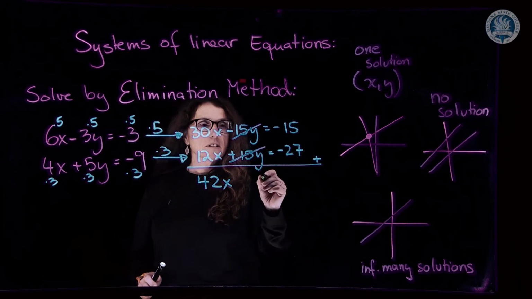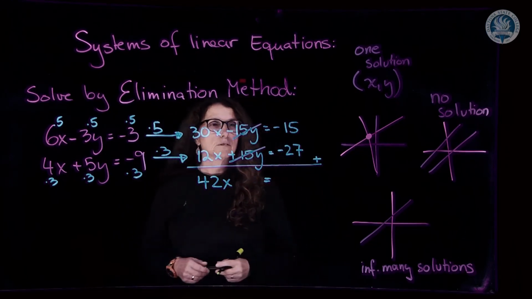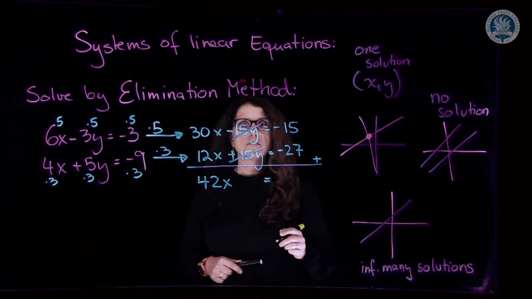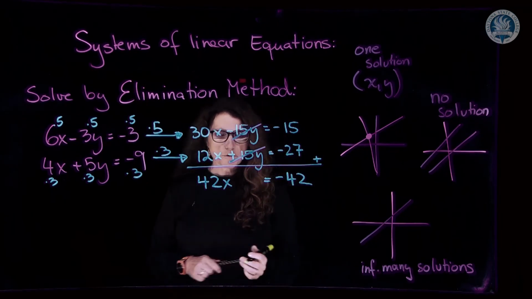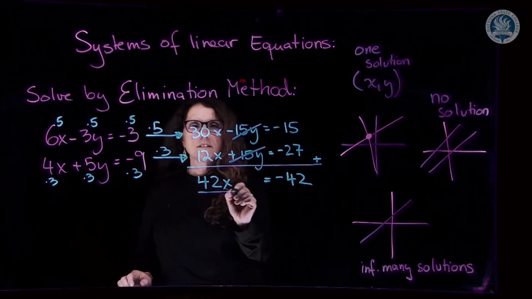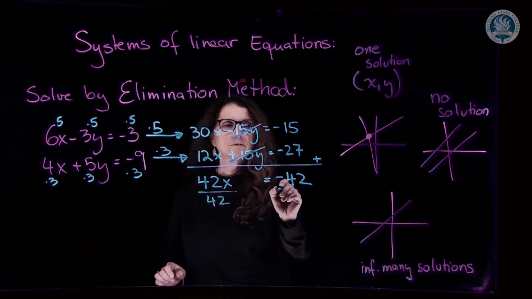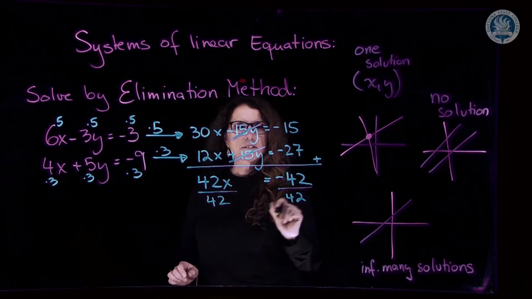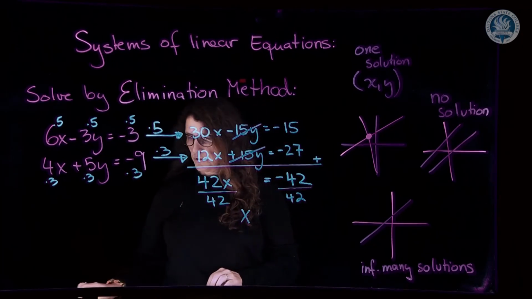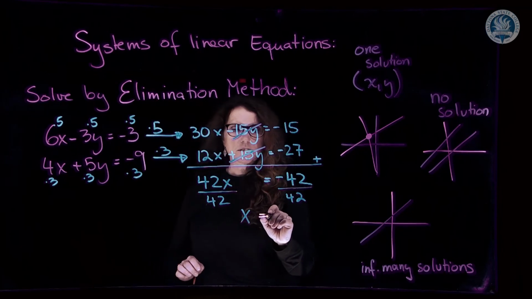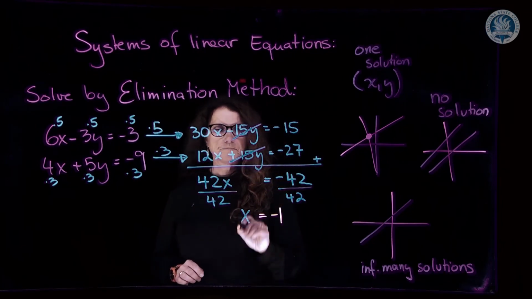And on the other side, we have negative 15 plus negative 27, and that is negative 42. Ooh, this works out fairly nice. Divide both sides by 42 to get x by itself. Negative 42 divided by 42, the answer is x equals negative 1.